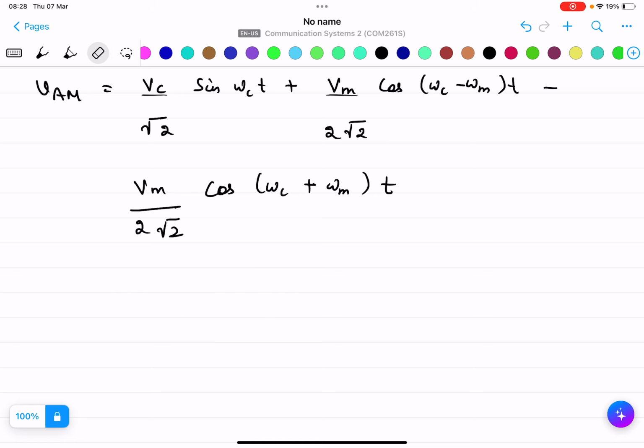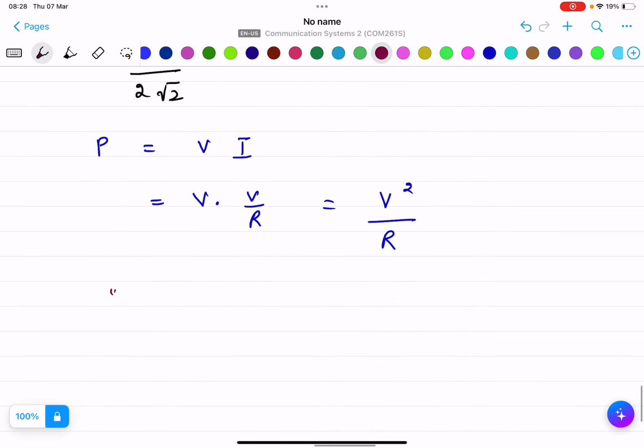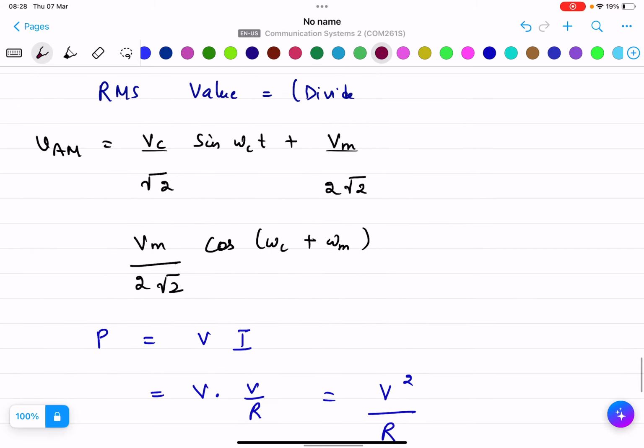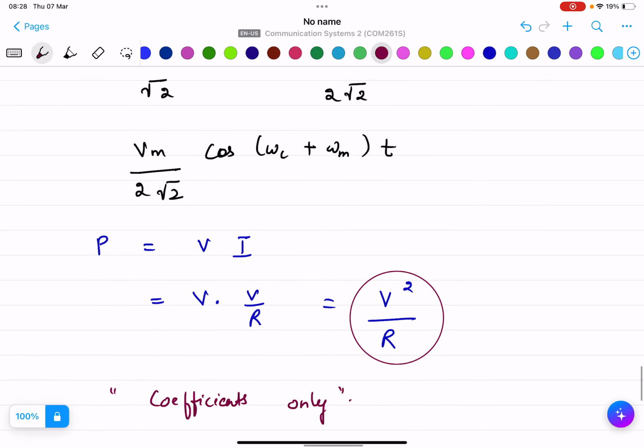We know power equals to VI, and I equals to V by R, so we can say power equals to V square by R. We are just using the coefficients only to deduce the total power. So we will put this V square by R in the above equation, VAM.